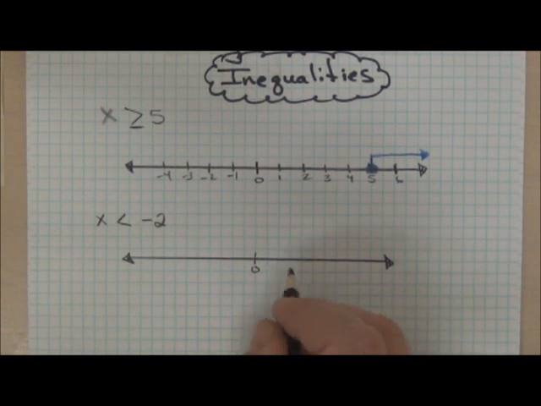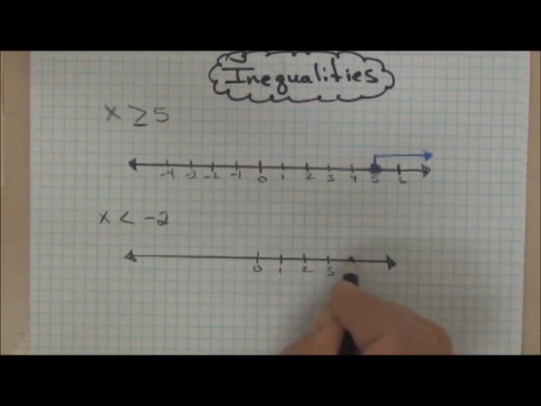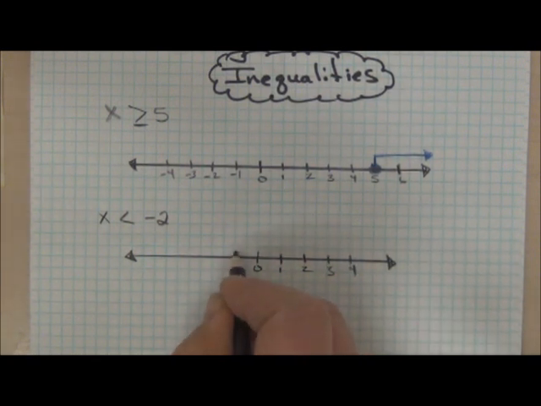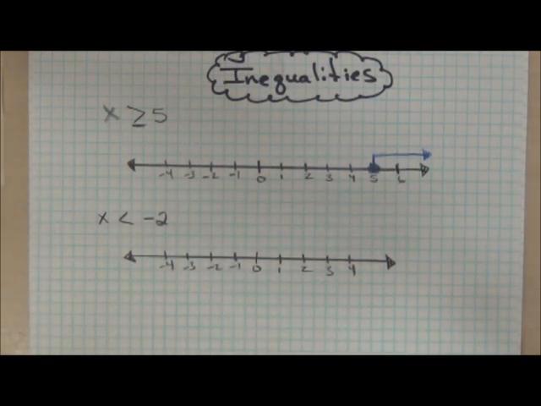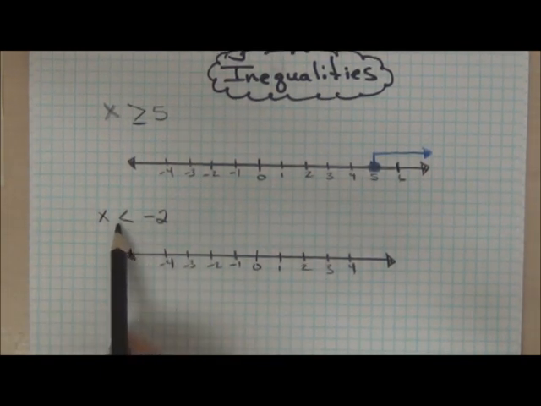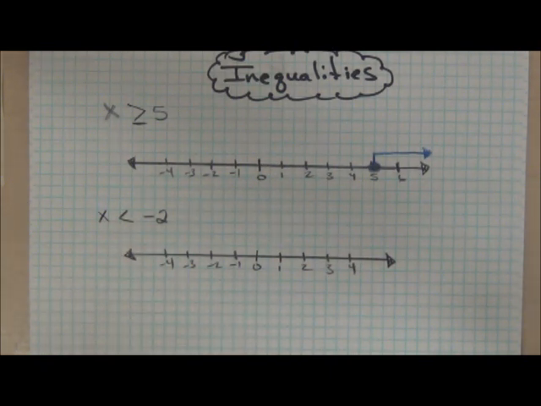And we'll just arbitrarily call that 0, and this is 1, 2, 3, 4, -1, -2, -3, -4.